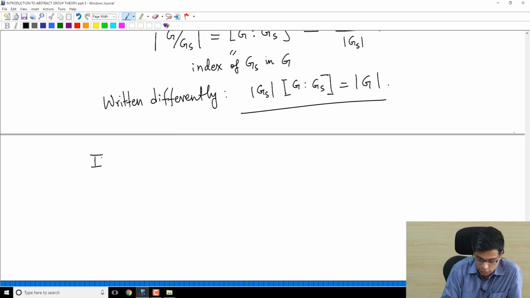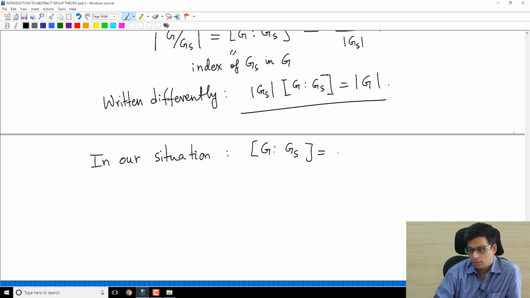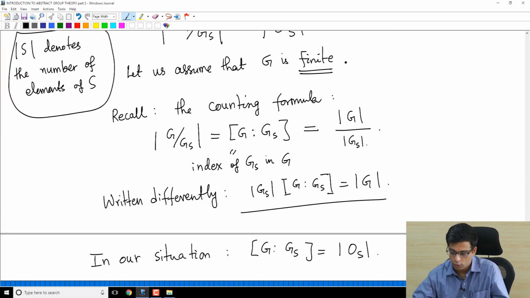In our situation, the index of GS in G is, by the theorem that we just proved, the orbit size.